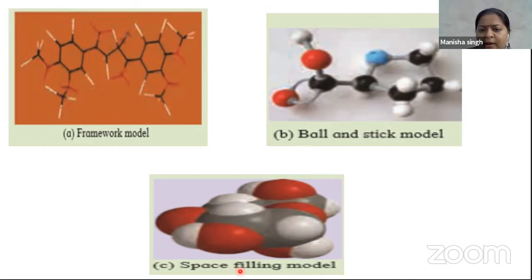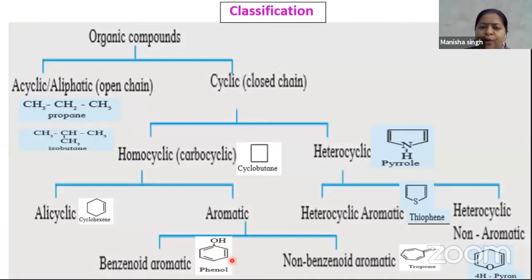Here bonds are not shown, but the size of the atoms is exactly shown, in what proportion the sizes of the atoms are. It actually gives the three-dimensional structure of the molecule, in which the volume is very important. So how much volume there will be, we can see in that model.